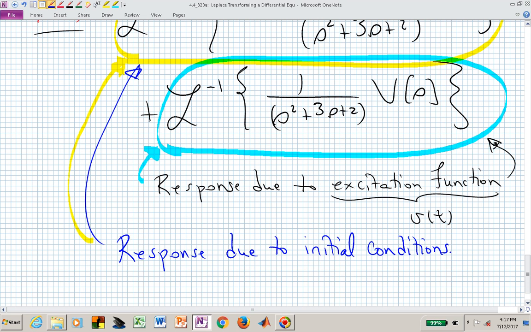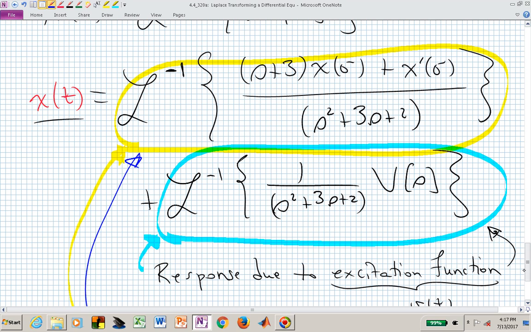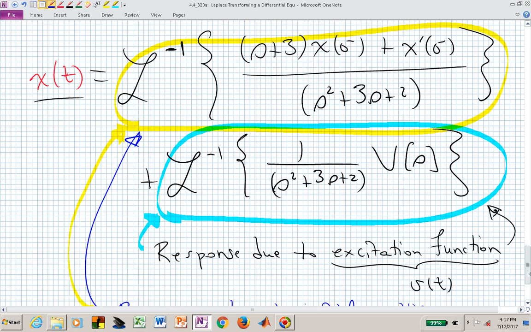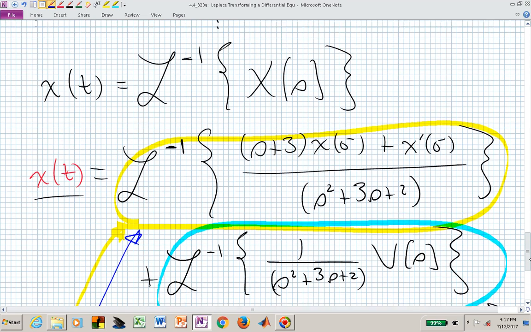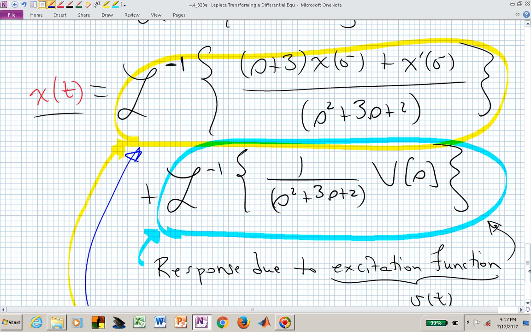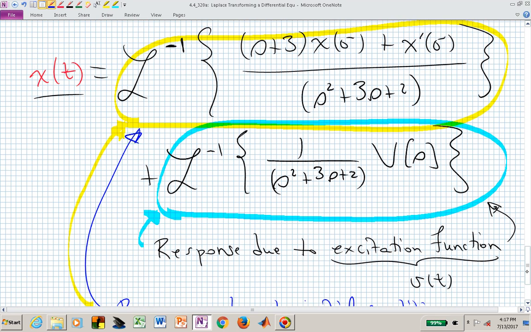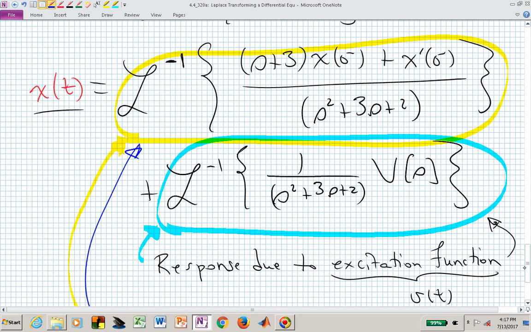And we'll get more comfortable with going back into the time domain from the frequency domain in subsequent lectures, but now you can see that even before knowing how to do that, we can identify the two parts of our complete solution, one part due to how it was excited, the waveform, and if we didn't excite it and we just had initial conditions, then we would just have the yellow highlighted piece.